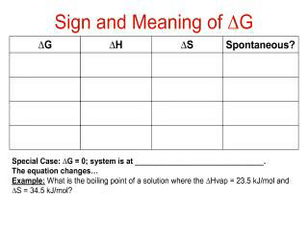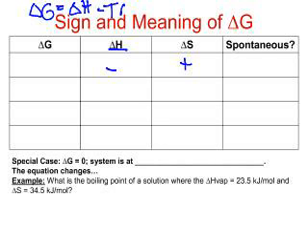So if we have a case where, for a particular process, delta H is negative, so we're looking at an exothermic process, and that process also has a positive sign for the entropy, okay, we look here at the equation for Gibbs free energy: delta G is equal to delta H minus T times delta S. Okay, we can see that if delta H is negative and delta S is positive, then the T delta S term is going to be negative, and so overall delta G is going to be negative.